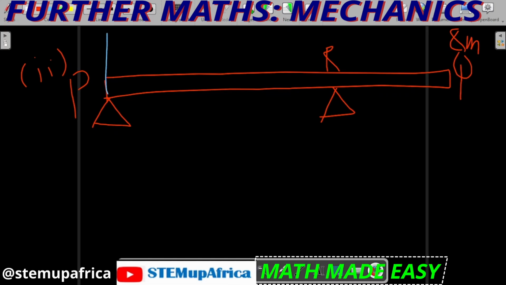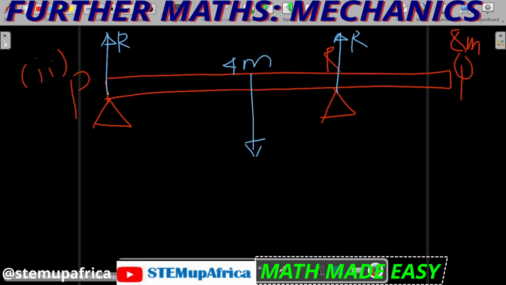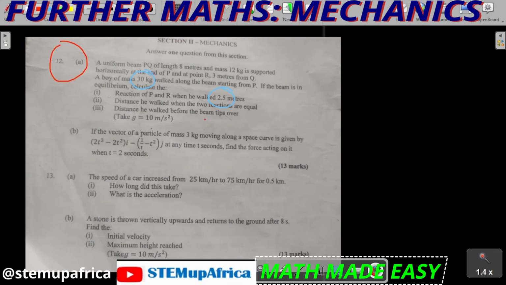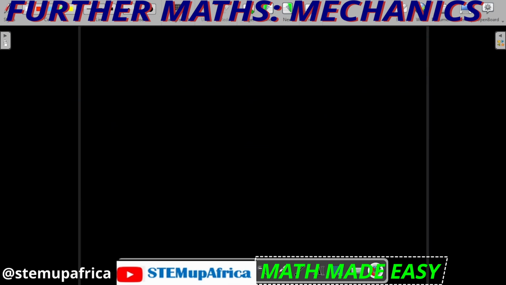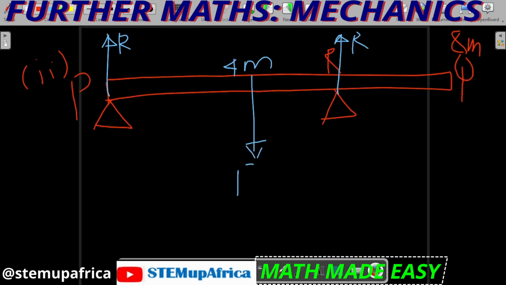That means here will be reaction R, no longer reaction P. Because you say reactions are equal, here is now reaction R. So at equilibrium, at the center of gravity, we have the force of 120 Newton.